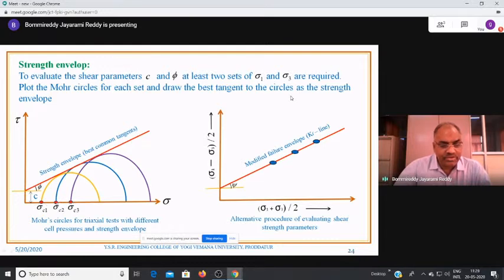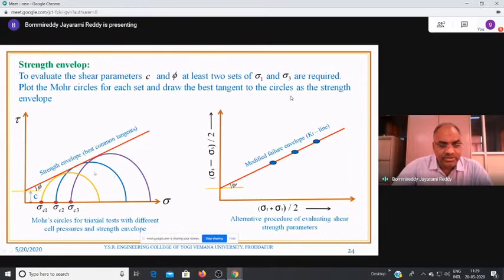By considering another cell pressure, the corresponding major principal stress sigma 1 is here. Draw the Mohr circle. And again take another sample with another magnitude of the cell pressure. It will fail at this point, and draw 3 more circles.